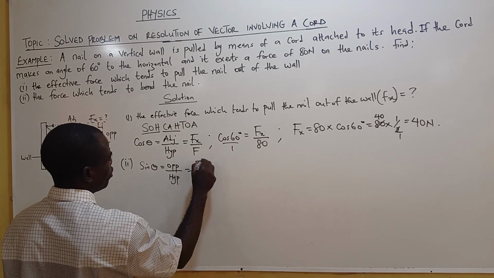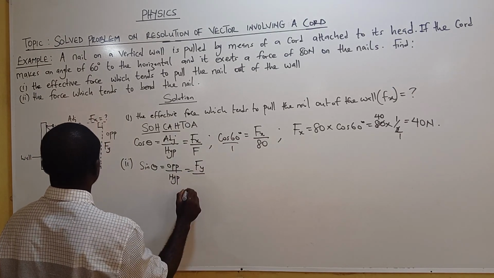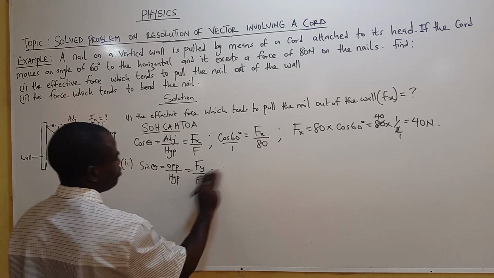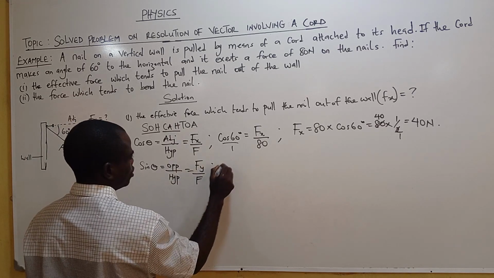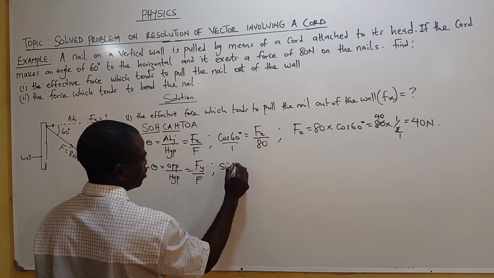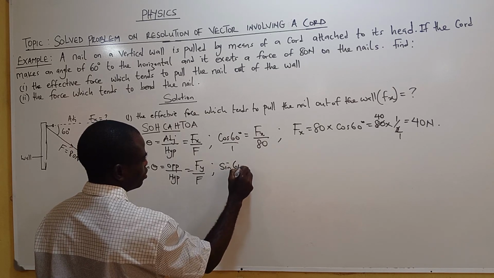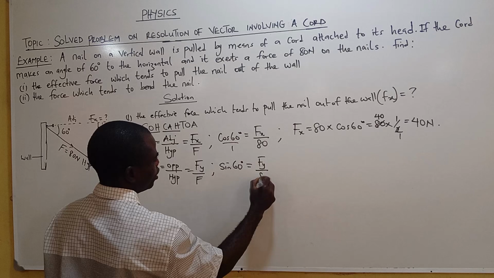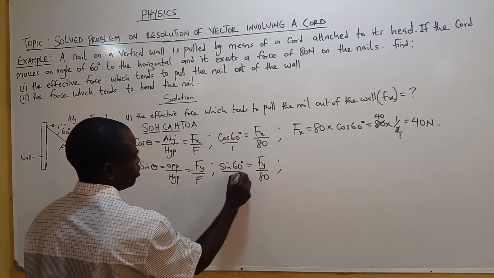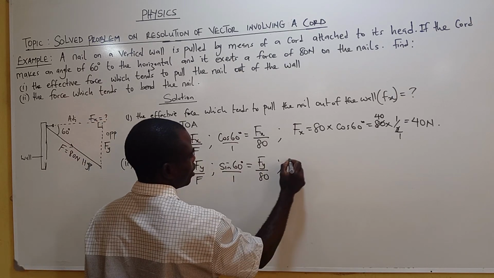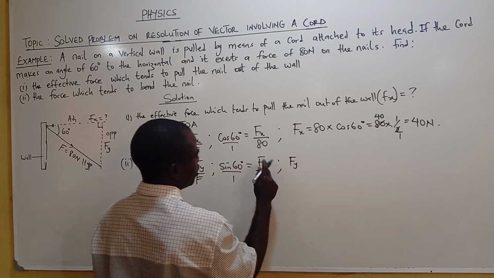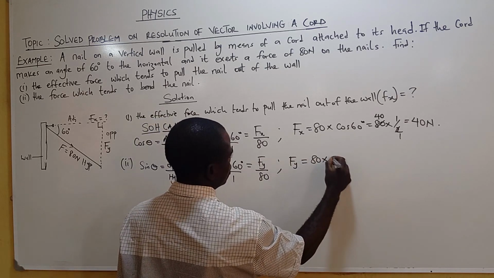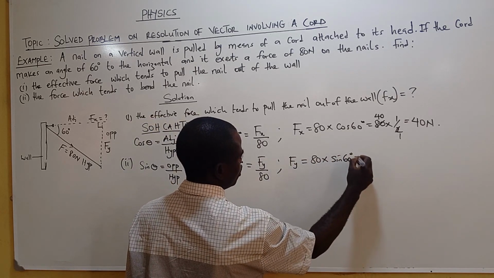The opposite is Fy, over the hypotenuse. Sine 60 degrees equals Fy over 80, which is the hypotenuse. We cross multiply likewise. Fy times 1, that's Fy, equals 80 times sine 60 degrees.